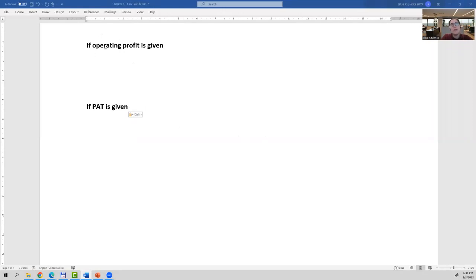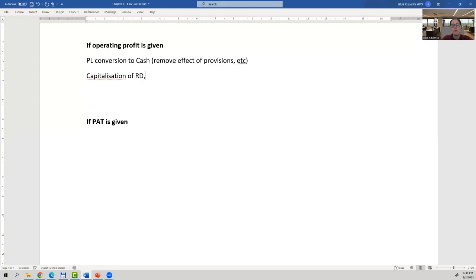So when we're calculating EVA, and if operating profit is given, besides those usual adjustments, such as P&L item conversion to cash, for example, when we remove a fact over provisions, etc., and capitalization over research and development, marketing, and training, excluding one-off items.